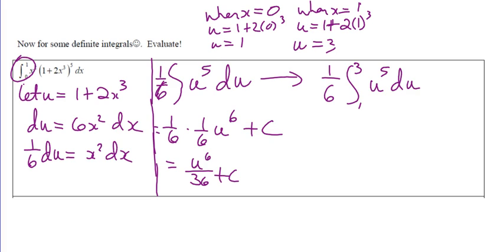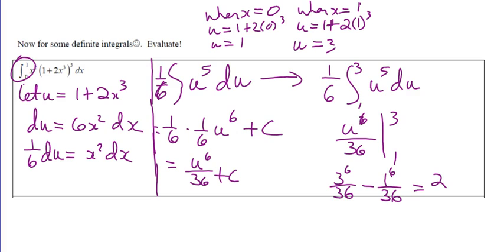And we know this is u to the 6th over 36, from 1 to 3. We don't need the plus c anymore. This time we're working on a definite integral, so we change the bounds of integration. So it's going to be 3 to the 6th over 36 minus 1 to the 6th over 36.